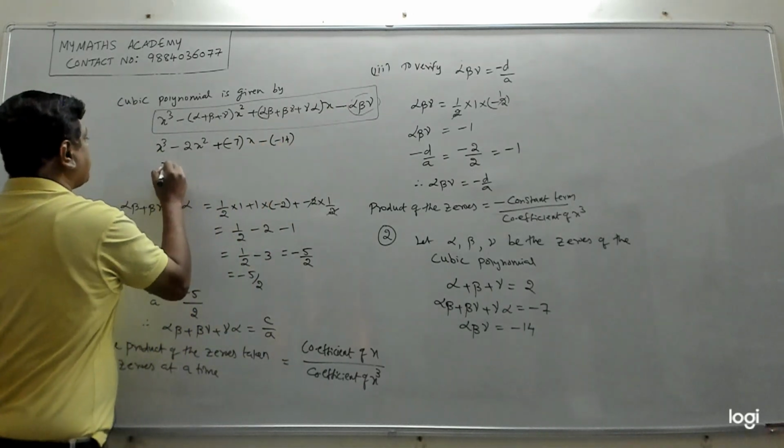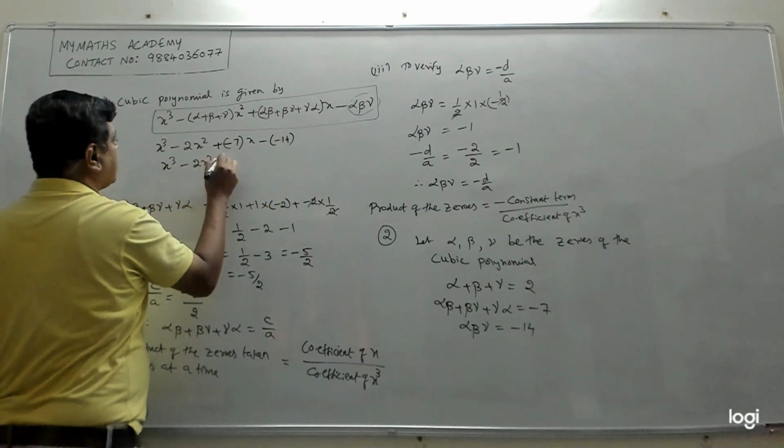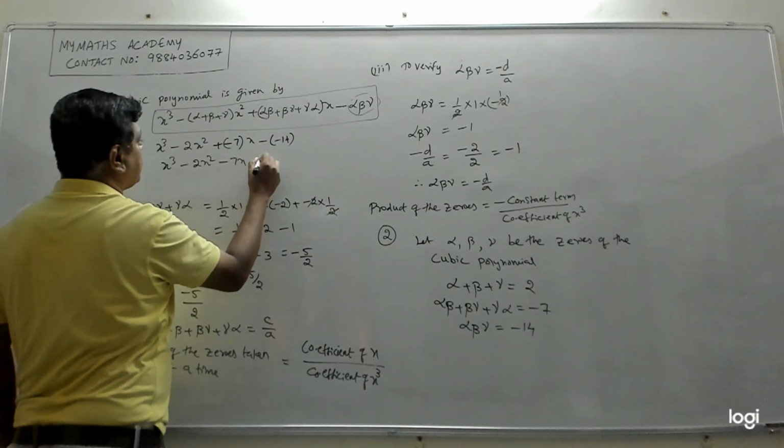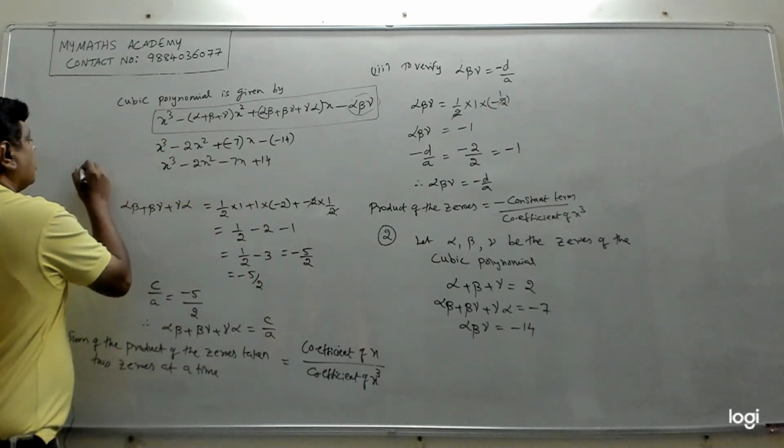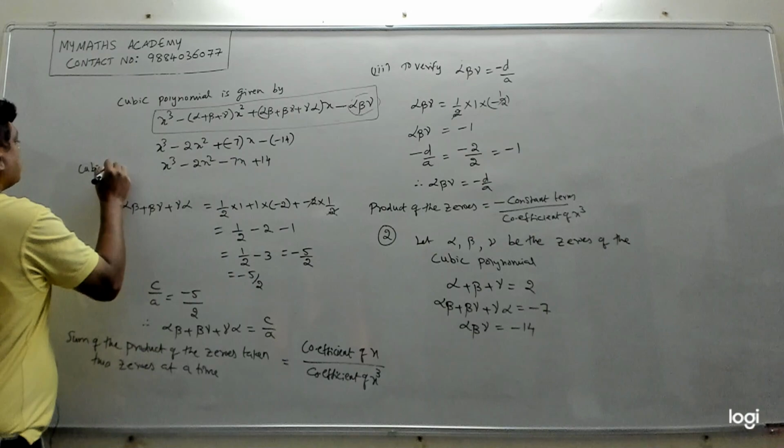So in the next step it will become x cube minus 2x square minus 7x, and minus into minus becomes plus 14.